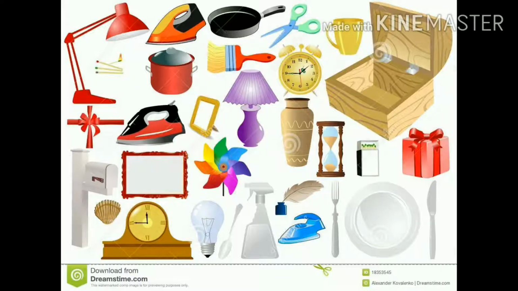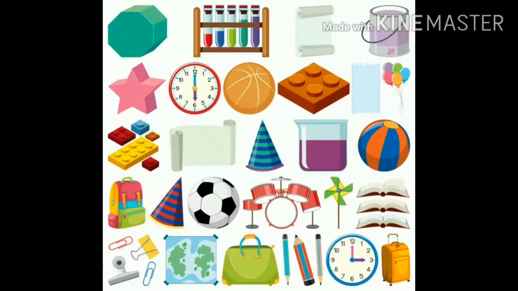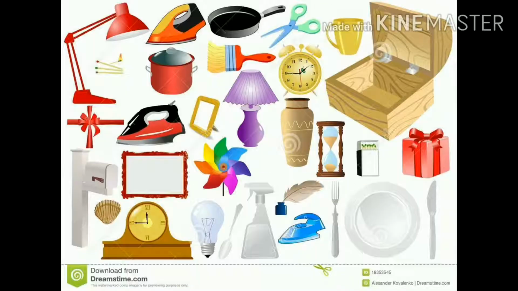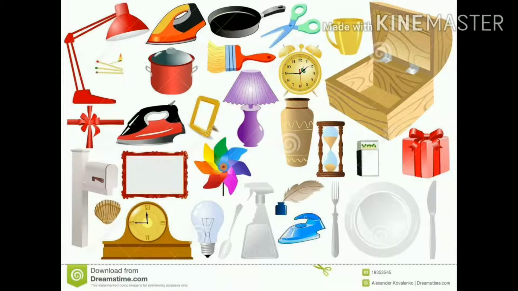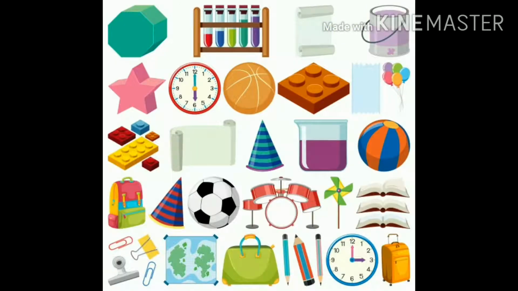So any object which is present on the earth has a shape which is defined by geometry. In geometry, we study the shapes, sizes, positions, angles, and dimensions of the things around us.